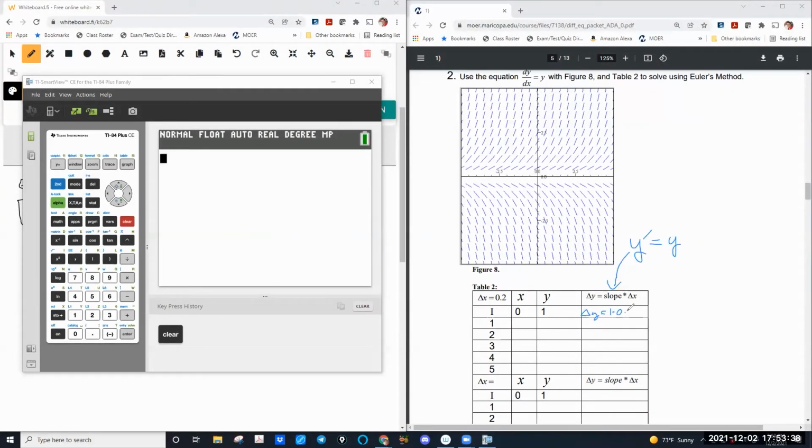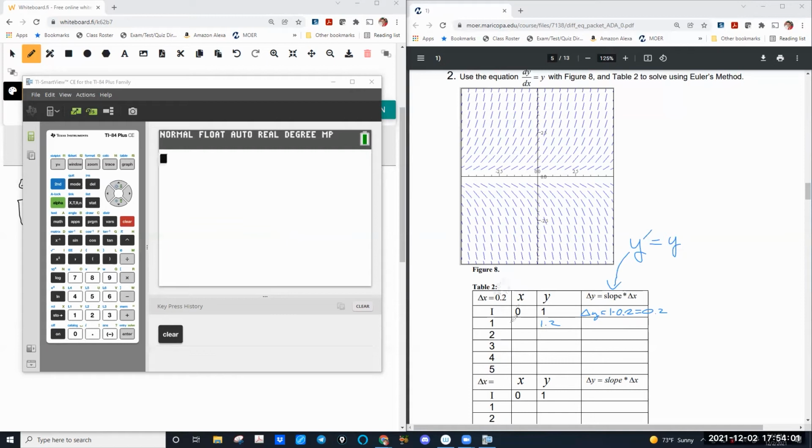Times 0.2. That is our change in y, 0.2. So we take y plus our change in y. I take y, I add on the new y, and I get 1.2. Now, like I said, we can fill in the x column right away.